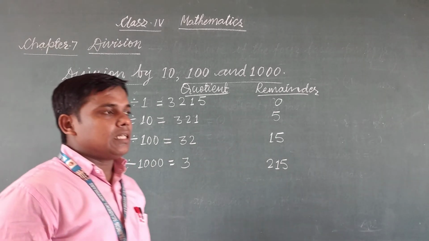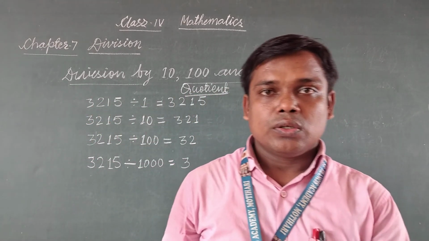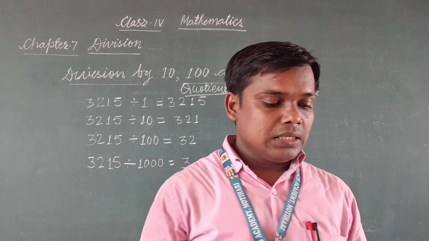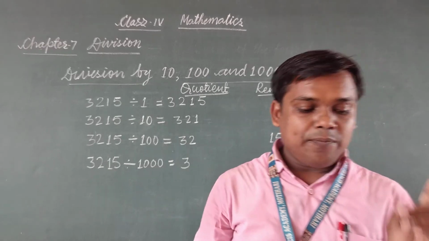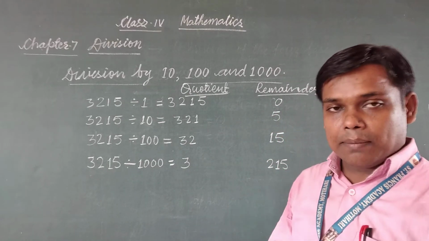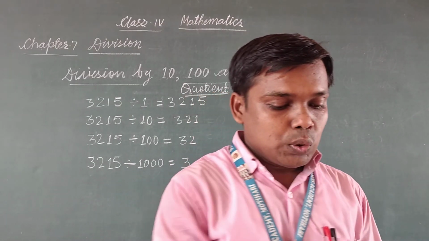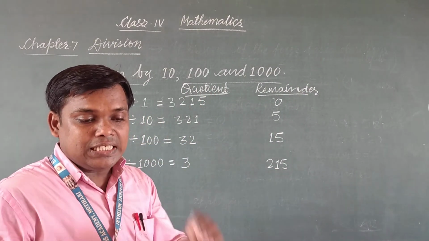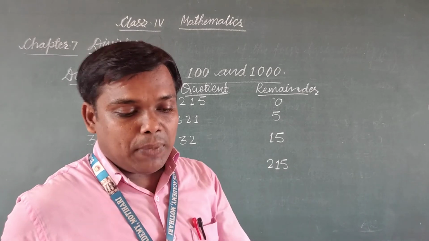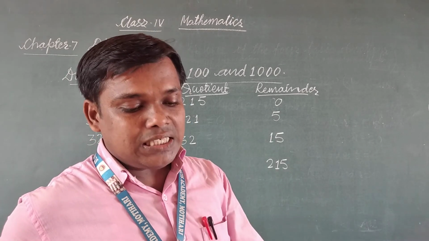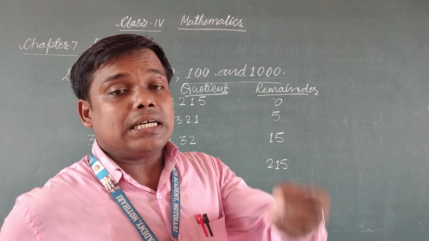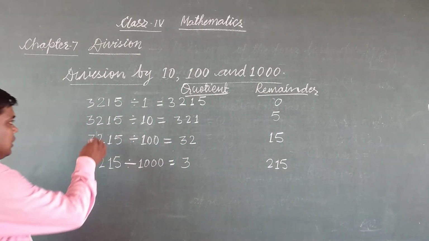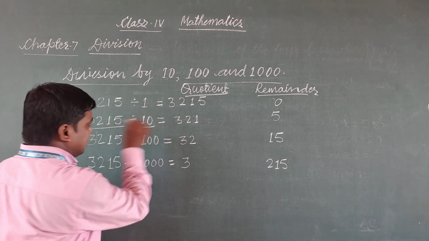From this pattern we understand that if we divide a number by 10, we get the quotient by removing the one's digit from the number, and the one's digit is the remainder. See here, 3215 divided by 10.